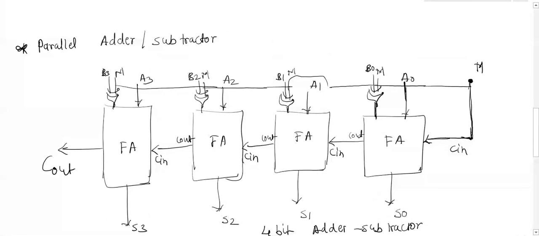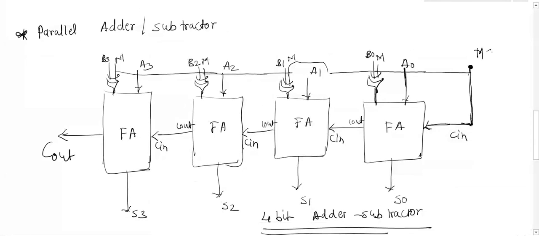Now when M is equal to 0, at that time Cin will become 0 and the circuit will act as an adder. When M is equal to 0, B0 is whatever the value will be there, B0 XOR 0, and the B input will be given to the full adder and it will perform the addition.